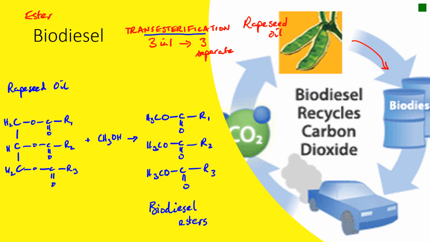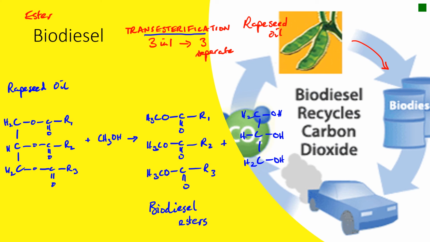And let's not forget that we're going to remake glycerol, because it's glycerol that has been eliminated from this reaction. I'm just going to type over my picture there. Here's our glycerol. And that's what's happened.